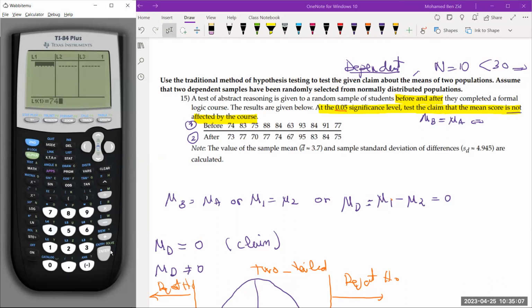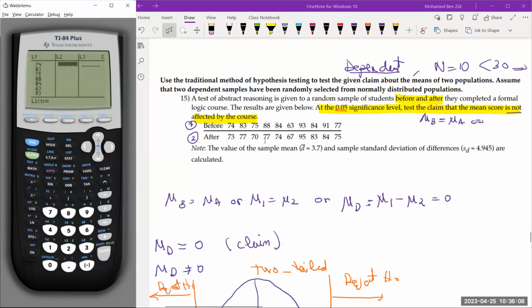So you're going to type in 74, 83, and so forth: 88, 84, 63, 93, 84, 91, and 77. All right, so this was L1.